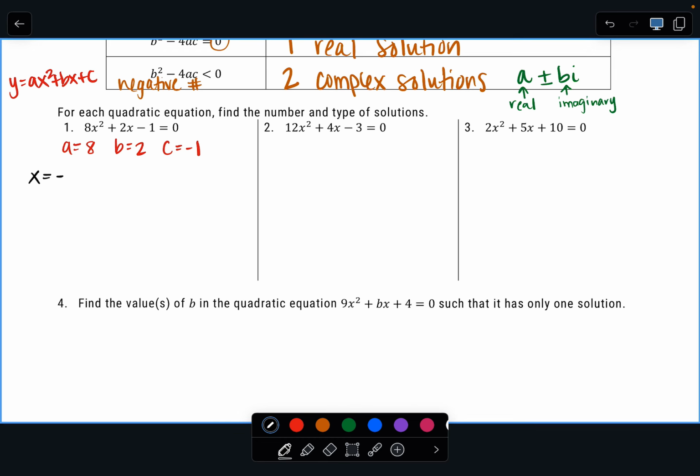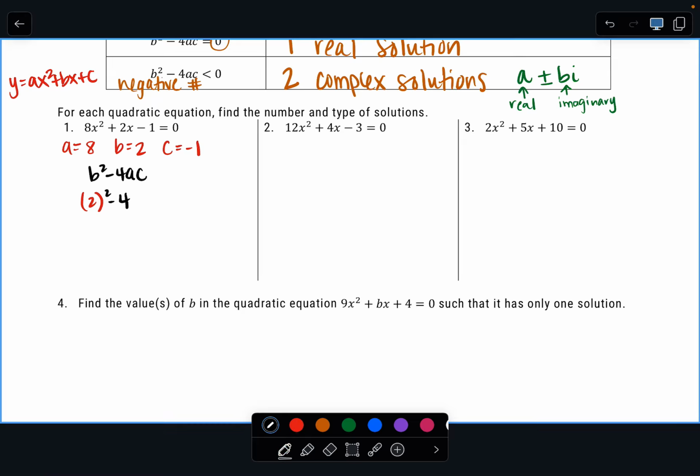So x equals negative b plus or minus, well, hold on, stop, pause. I'm going too far. We just want the discriminant. So we just want to find b squared minus 4ac. I was going to go ahead and solve the whole thing. That's all we want.